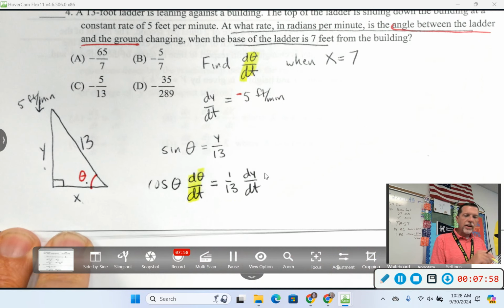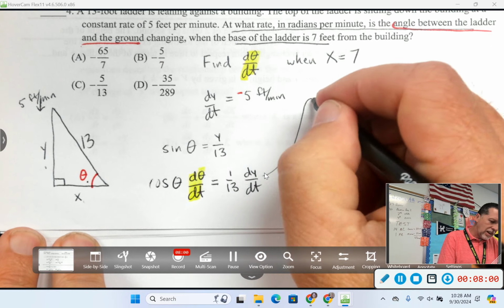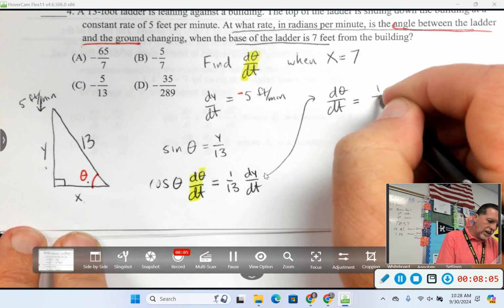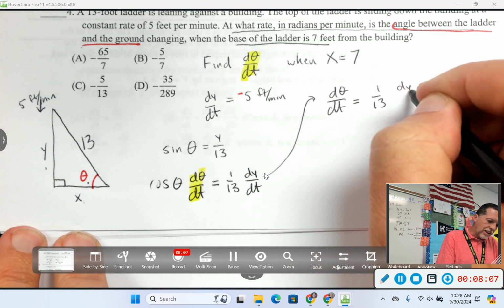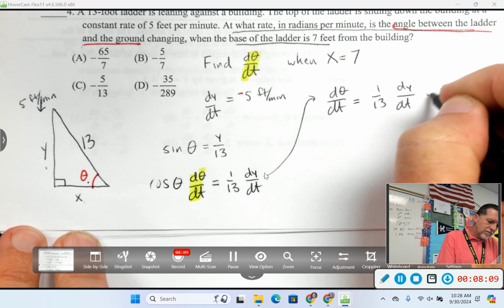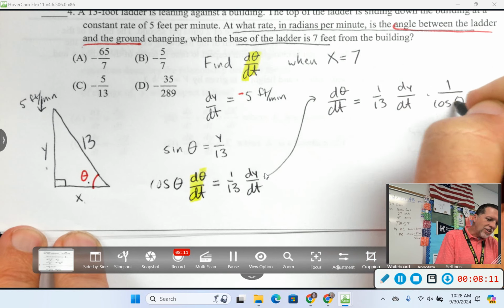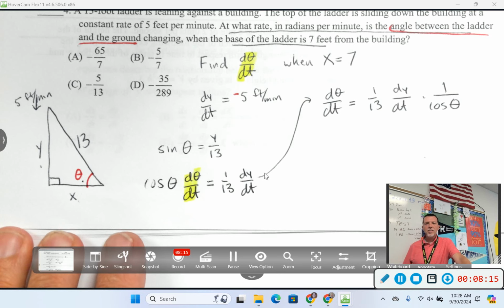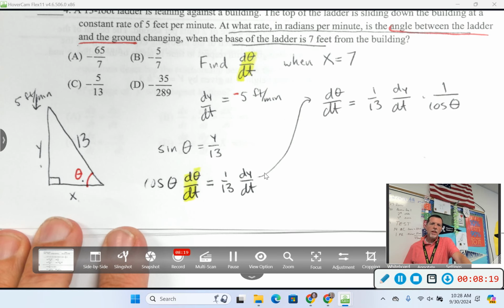So I need to move that cosine to the other side. So d theta dt. I think I'm just going to leave it all written out like this. It's a free response question, so I can stop whenever I get stuff plugged in. 1 over cosine.